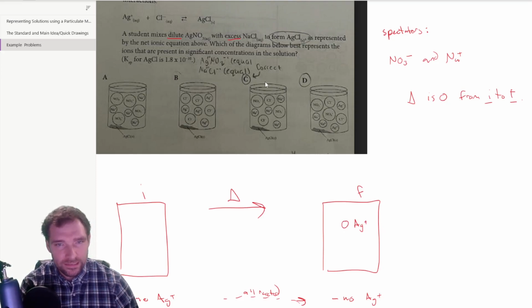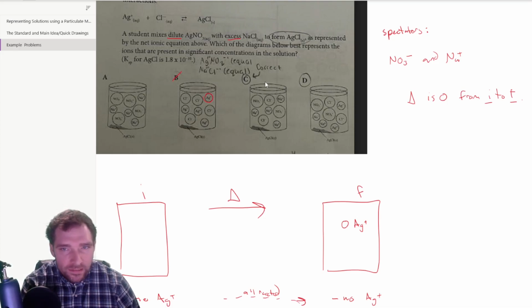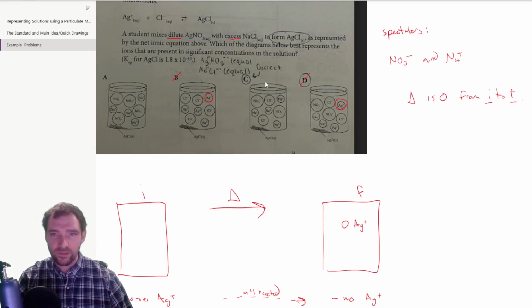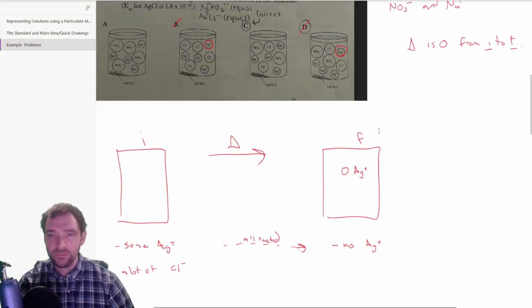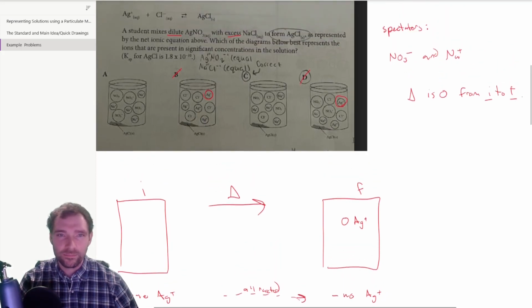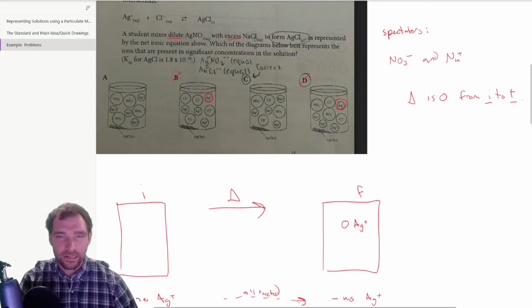And that's going to immediately disqualify options. I see that there's an Ag plus right there, so B gets disqualified. And D also has an Ag plus, so D gets disqualified. So I know those two can't work anymore. And then the question is, if I have excess, then I should have more of the Na than the NO3.